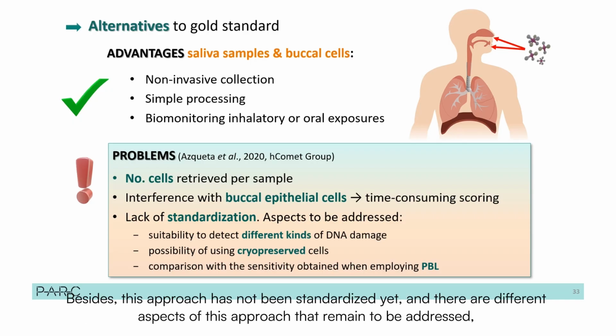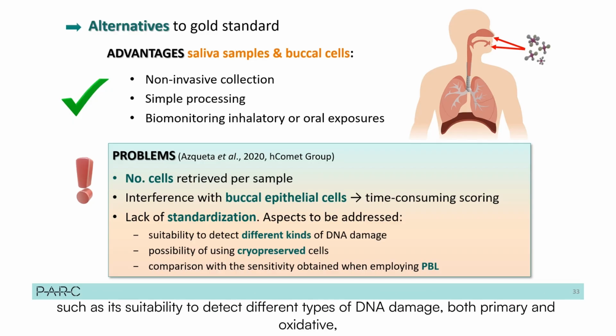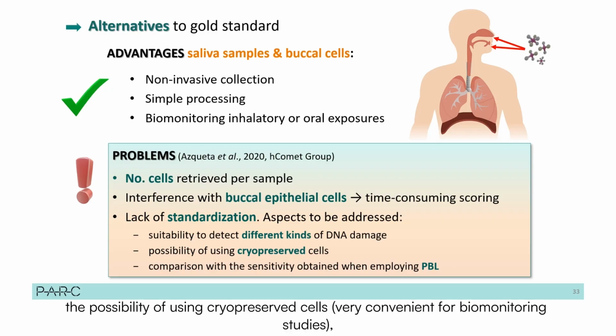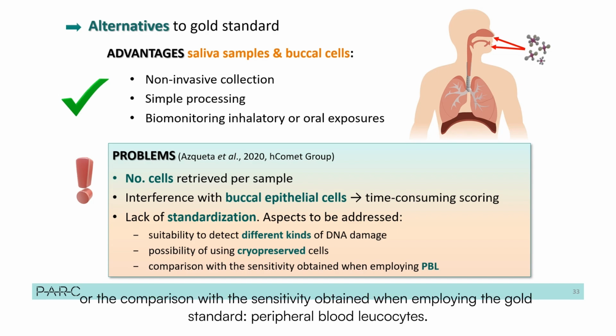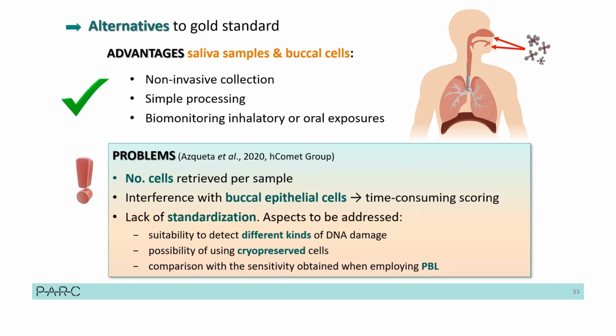Besides, this approach has not been standardized yet, and there are different aspects that remain to be addressed, such as its suitability to detect different types of DNA damage, both primary and oxidative, the possibility of using cryopreserved cells, very convenient for biomonitoring studies, or the comparison with the sensitivity obtained when employing the gold standard, peripheral blood leukocytes.